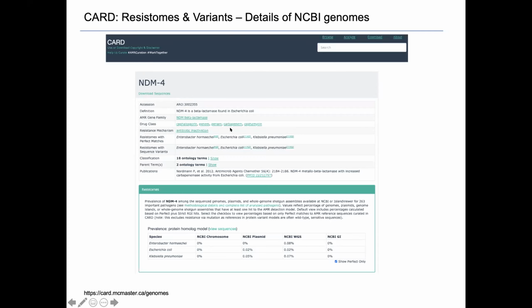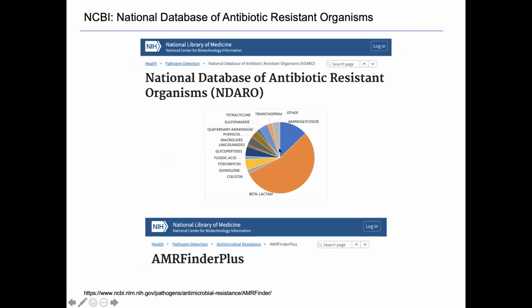And so now I'll move forward from the CARD database to the NCBI resources. So as part of the National Action Plan, NCBI partnered with several outside agencies, including the FDA, the CDC, the World Health Organization, and others to take some of the following steps. So their first goal was to increase standardization.